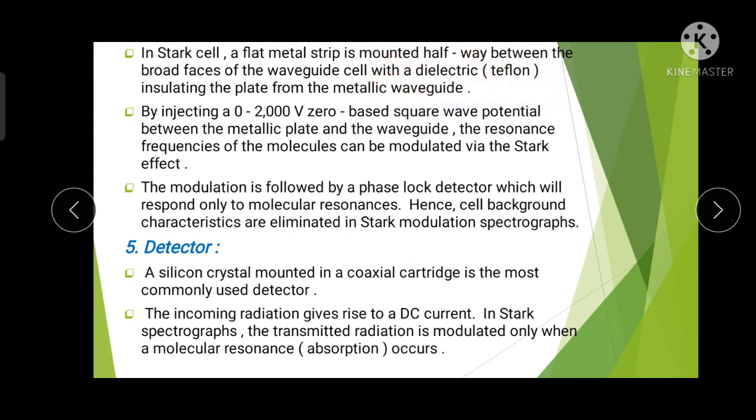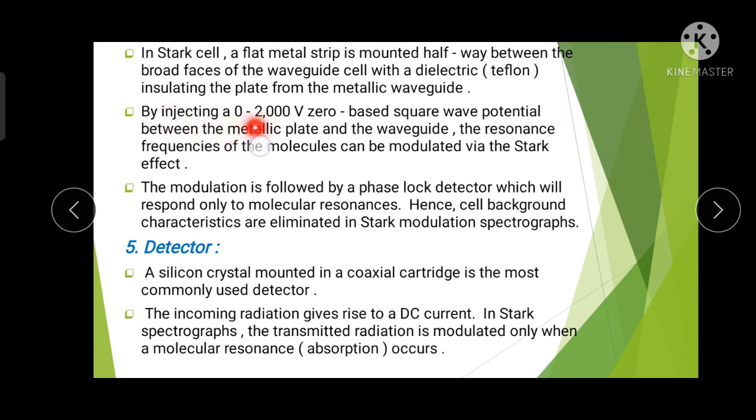The metal strip is placed halfway between the broad faces of the waveguide and is coated with the insulating dielectric material, Teflon.